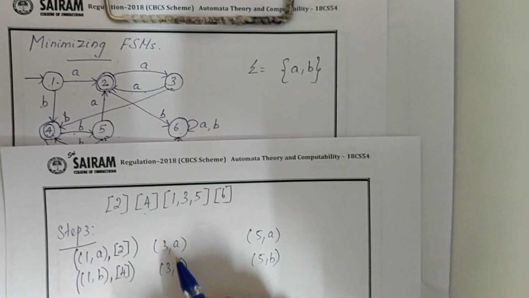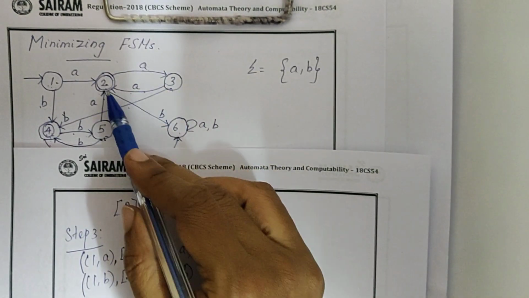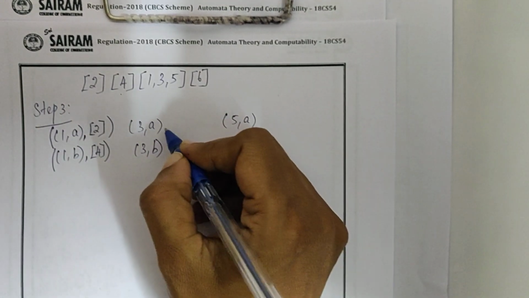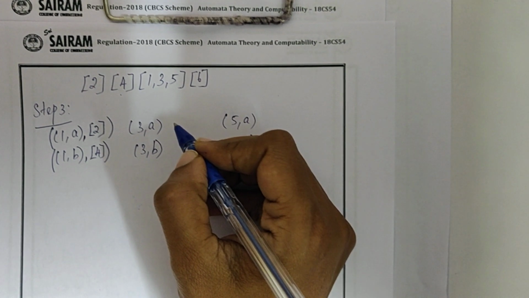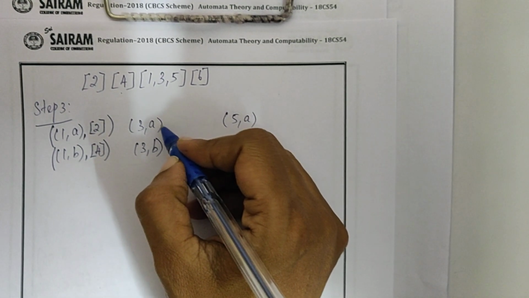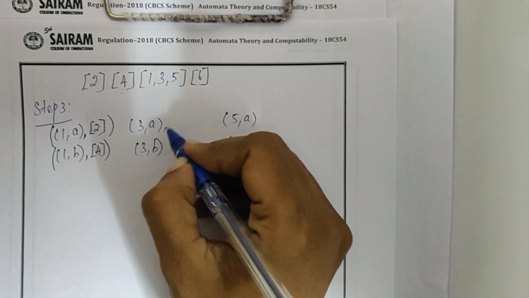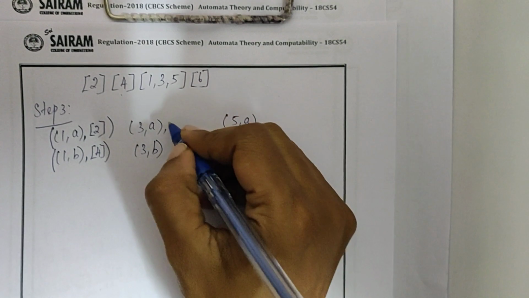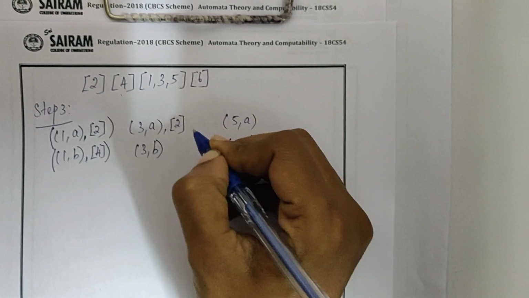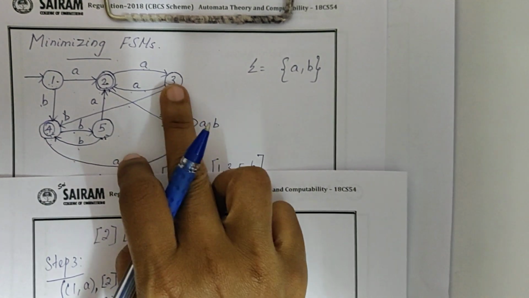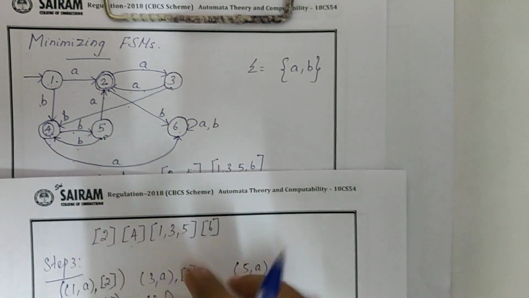Similarly 3, when it takes A input, it is coming to 2. 3 on B input, it is coming to 4.